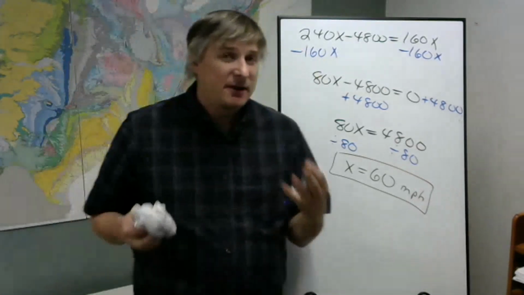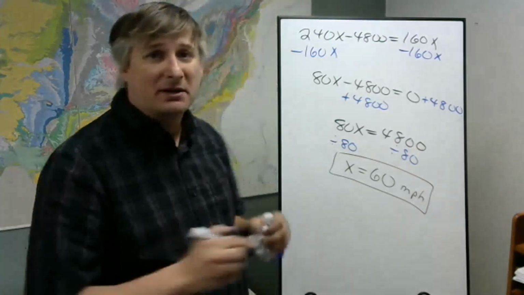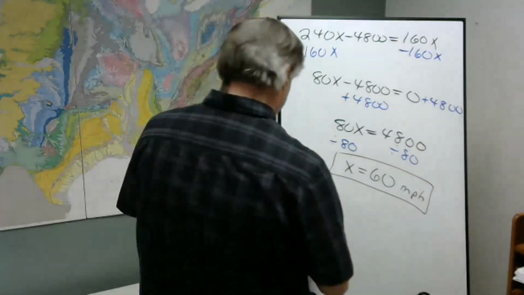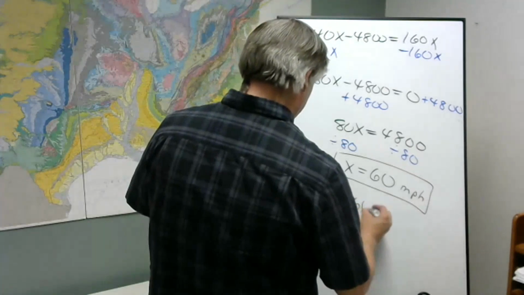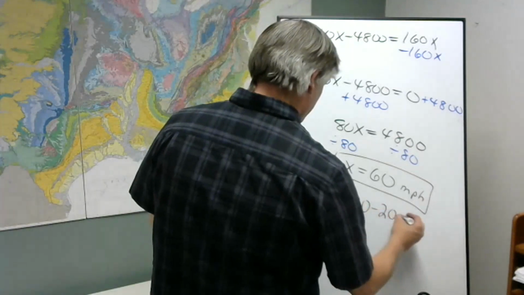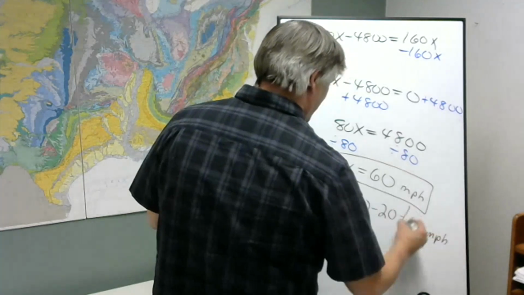Fine, now that's the speed for x. That's the passenger train. For the freight train, we need x minus 20, or 40 miles per hour.